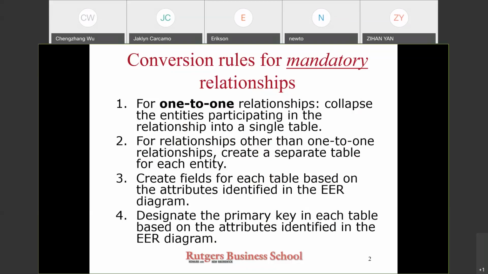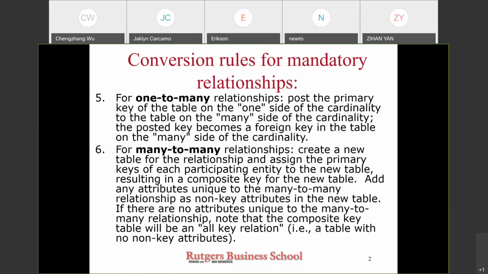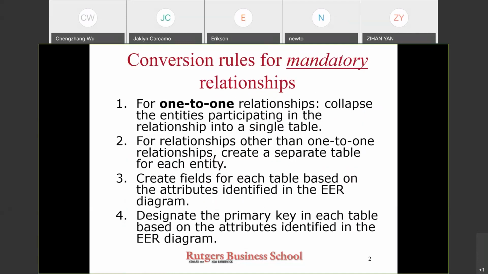There are several rules for the cardinality of relationships: one-to-one, one-to-many, and many-to-many. So, first of all, let's look at the rules of converting one-to-one relationships to tables.